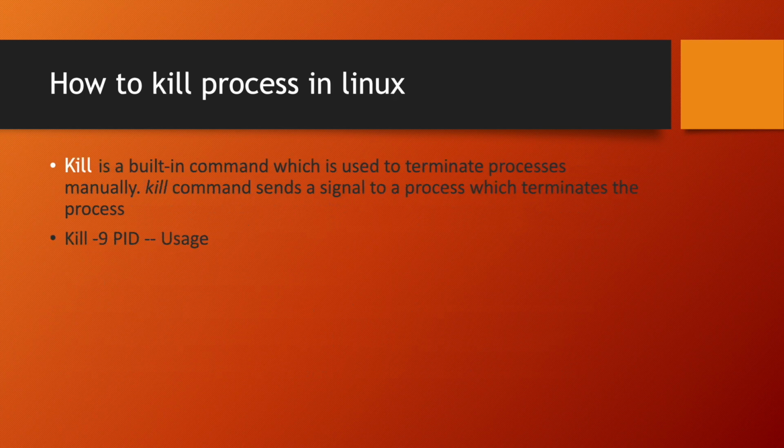Now, how to kill the process? What is kill? Kill is a built-in command which is used to terminate processes manually. The kill command sends a signal to a process which terminates it. We always use the option kill -9 PID, where PID is the process ID. What is -9?